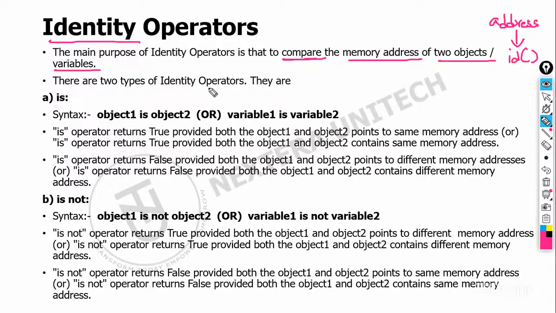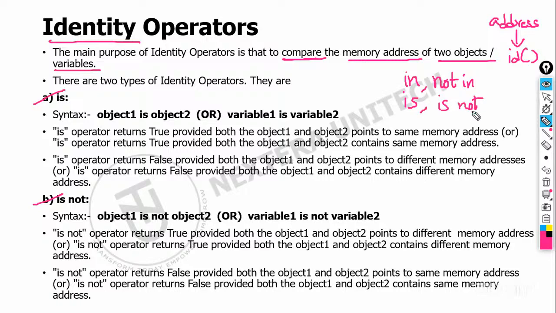What are the different identity operators that we have? We have the is and is not identity operators. And for membership we have in, not in. Don't get confused. Majority of the people get confused here. In membership, you are checking the presence, the existence, so the operators are in, not in. But when it comes to identity, we are comparing memory addresses, so the operators are is, is not.